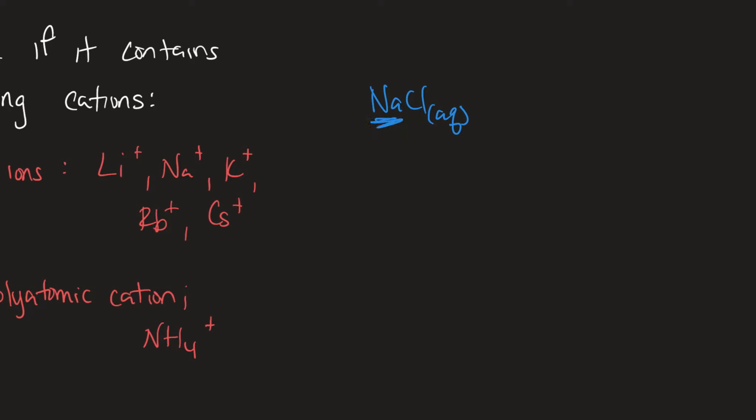Why? We have the sodium ion here. If you have, for example, lithium nitrate as the product of a chemical reaction, it's going to be aqueous. Why? Because you have a lithium ion within this compound. If you have a chemical reaction and the product is, for example, ammonium bromide, you could correctly predict that it's going to be aqueous because this product consists of the ammonium ion.